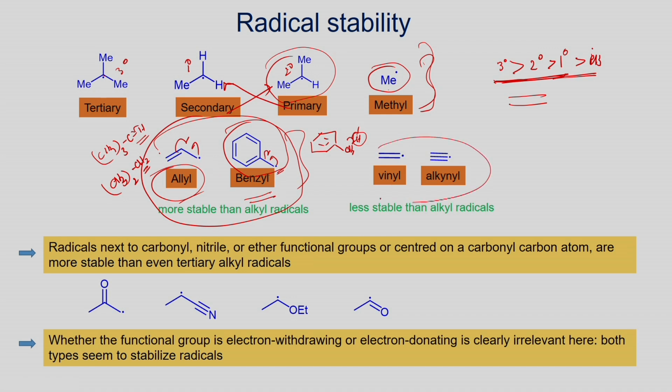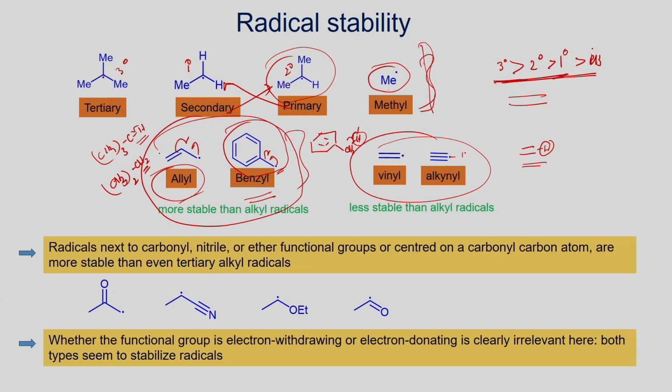And when you compare with the vinyl and alkynyl radical, they are less stable because this bond is stronger than the benzylic CH bond. Therefore, whatever radical you generate from here is less stable than the alkyl radical.